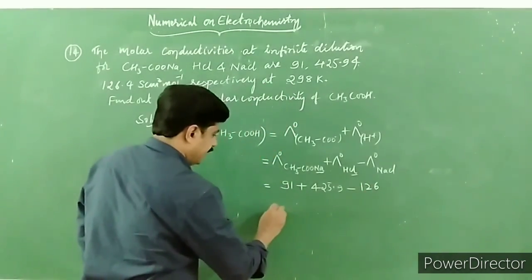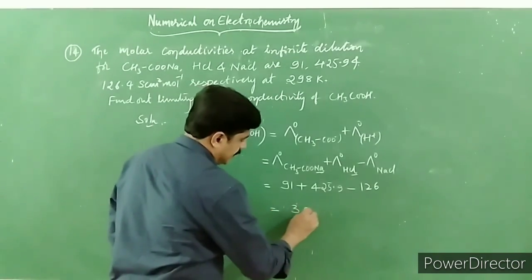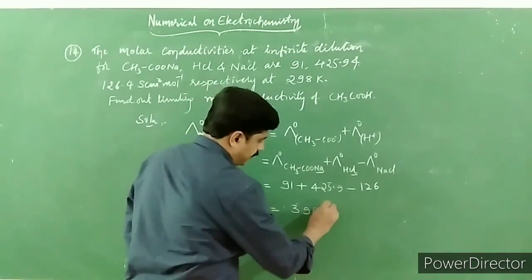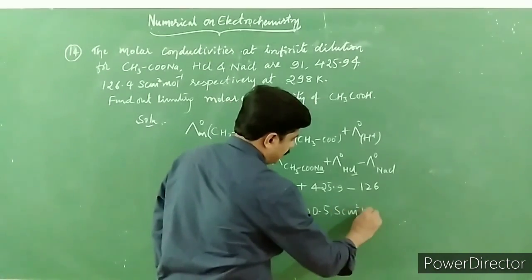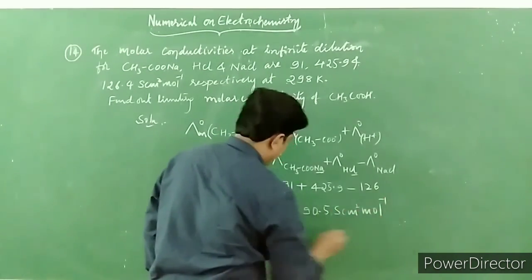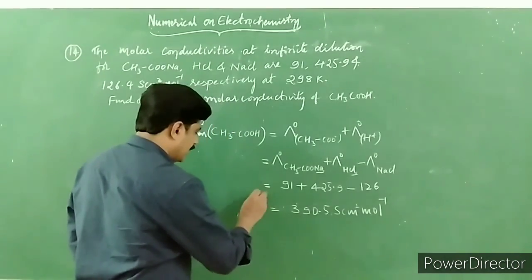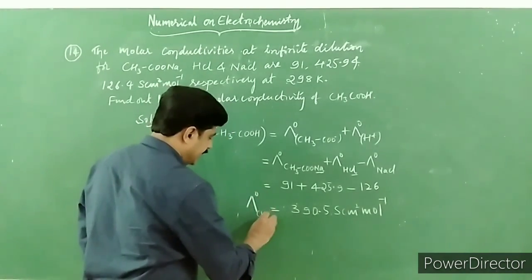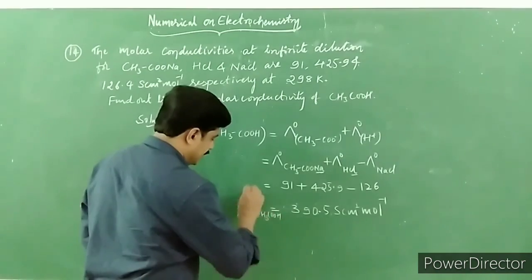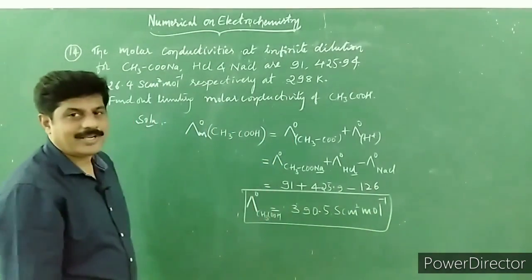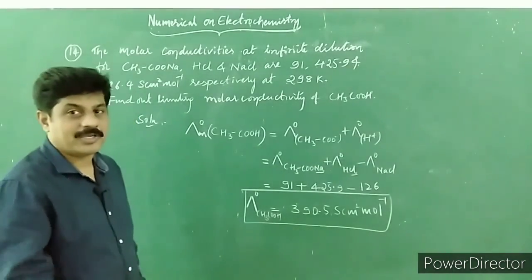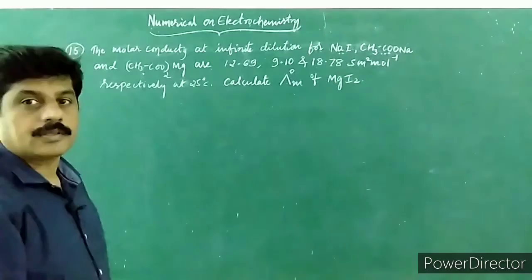Children, if you simplify, you are going to get 390.5 Siemens centimeter square per mole. So this is the limiting molar conductivity of acetic acid. So children, it's a very simple numerical. Hope you understand. Let me take up one more numerical of the same type.